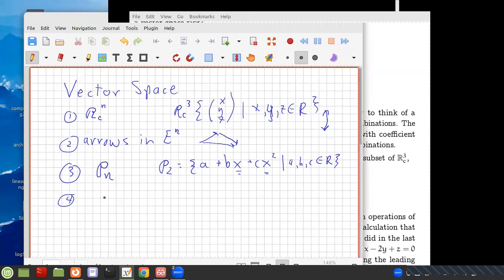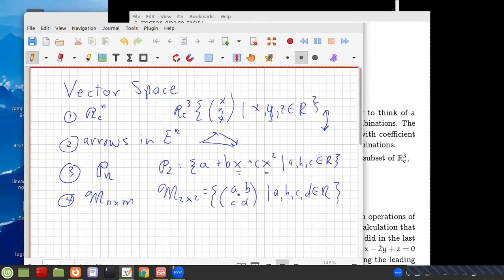And our fourth example was M^(n×m), which are the matrices, the n row, m column matrices. For example, we could have M2×2, which would equal the set of matrices, and we could put x, y, z, w in here.